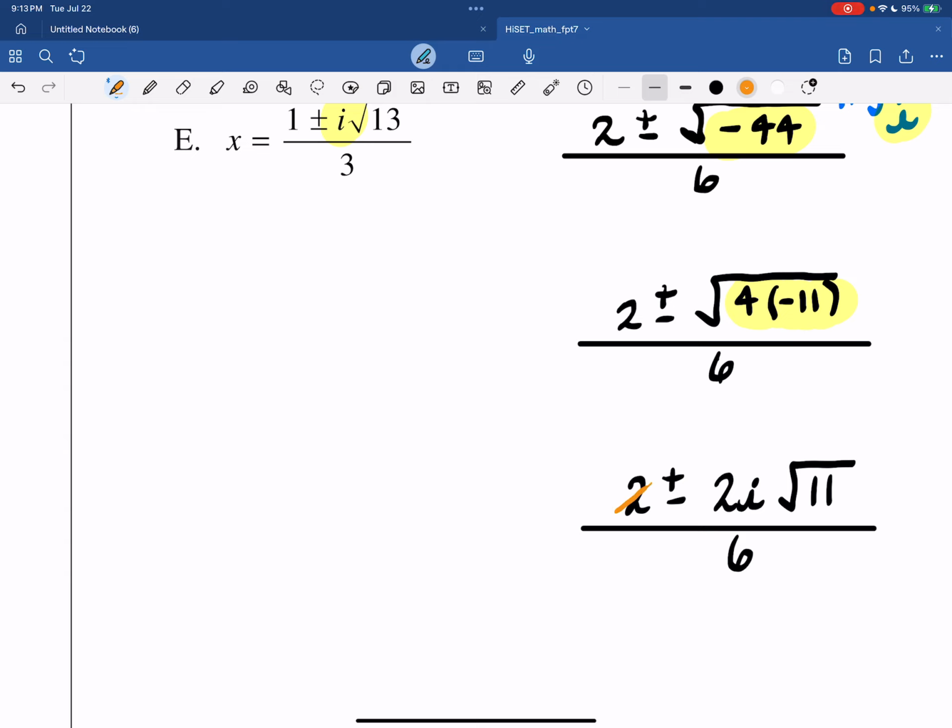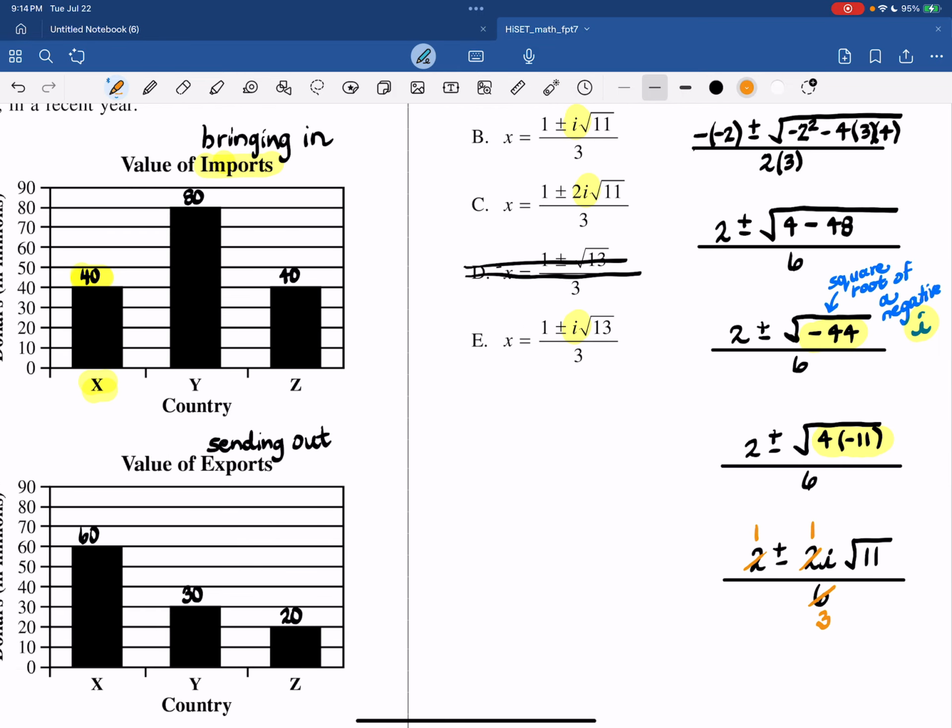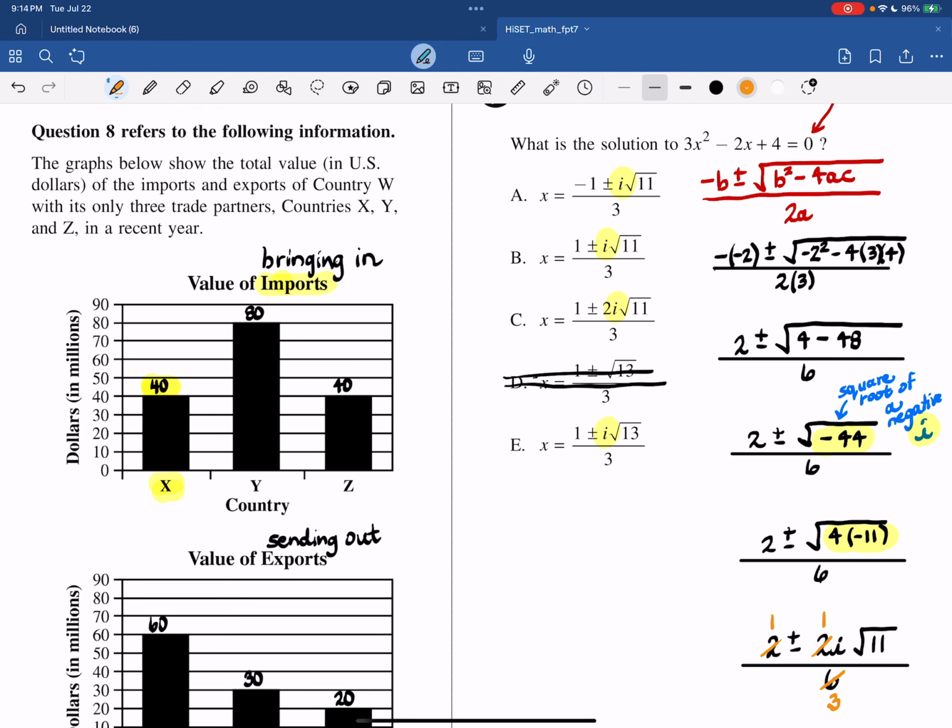So 2 into 2 is 1. 2 into 2 is 1. And 2 into 6 is 3. So let's see if this gives us anything. I can eliminate E because it's got a 13 under the radical. We need an 11 under the radical. We need a 3 on the bottom. So we have 1 plus 1i, square root of 11, over 3.